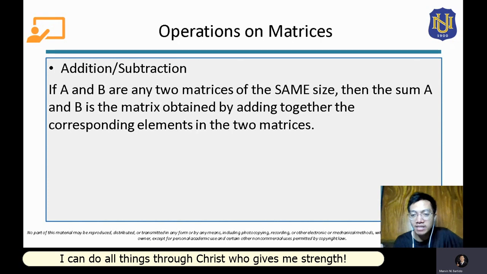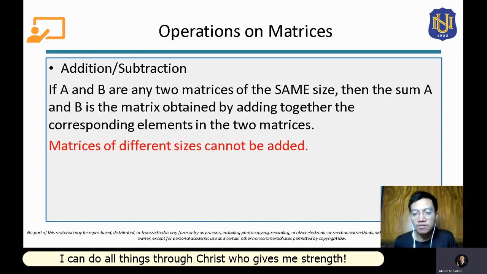We just add the corresponding elements. For example, the element in the first row, first column of the first matrix will be added to the element in the same position of the second matrix. Again, matrices of different sizes cannot be added. If matrix A and matrix B don't have the same size, they cannot be added.